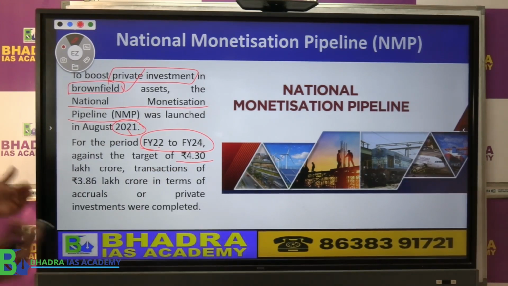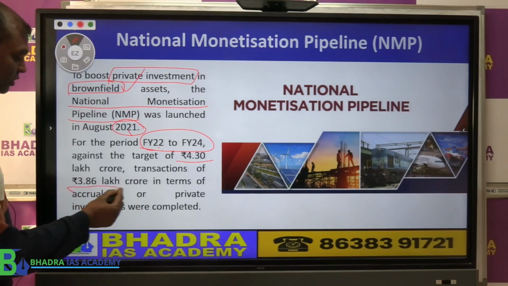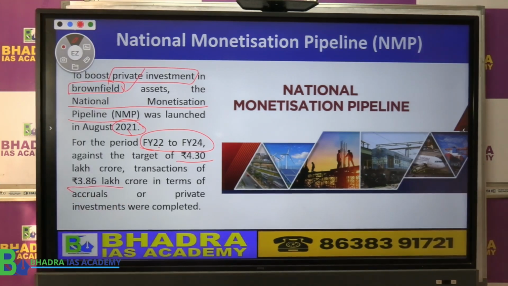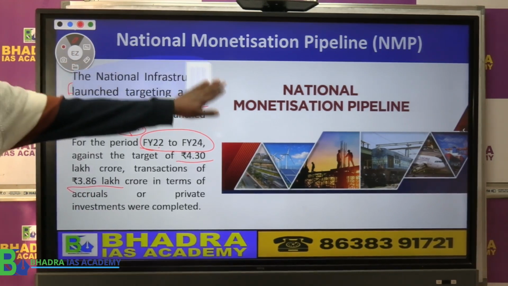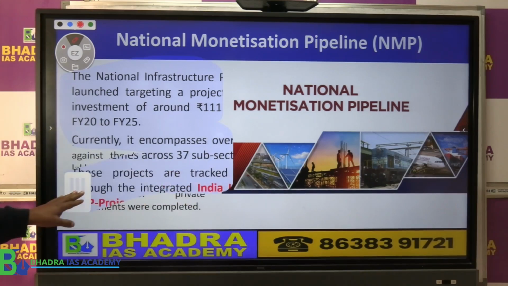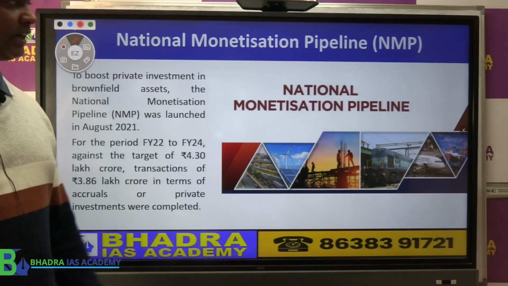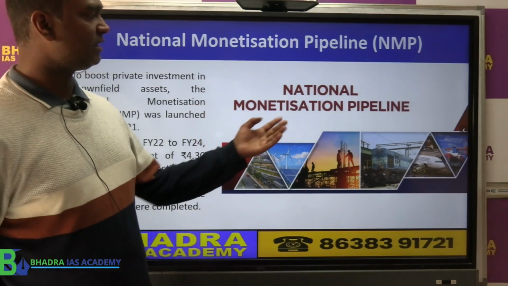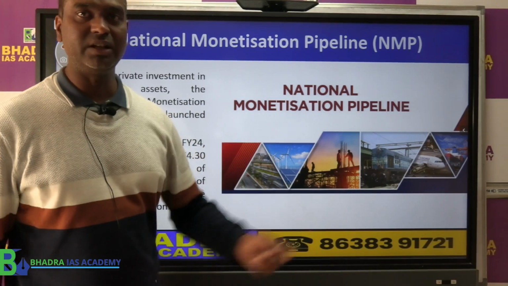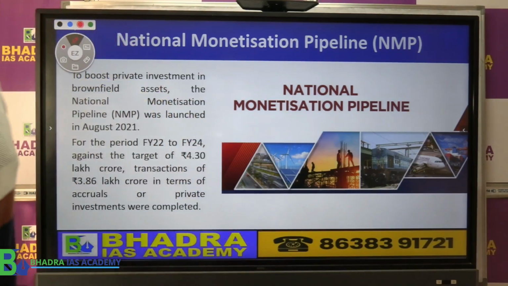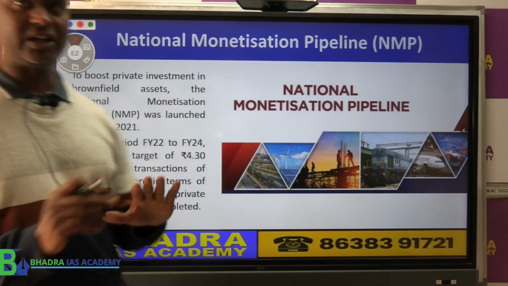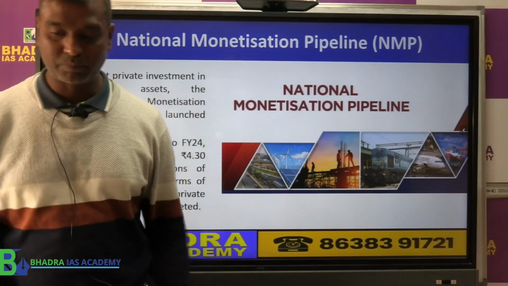Okay, the government has already achieved about 3.8 lakh crore of transactions. Then a lot of private investment has also been completed, the government says. So this is another topic which the government has been talking about. There is a possibility of a question on this in the exam too. So just be familiar with this National Monetization Pipeline Scheme or project, right? These are the general major projects of India.